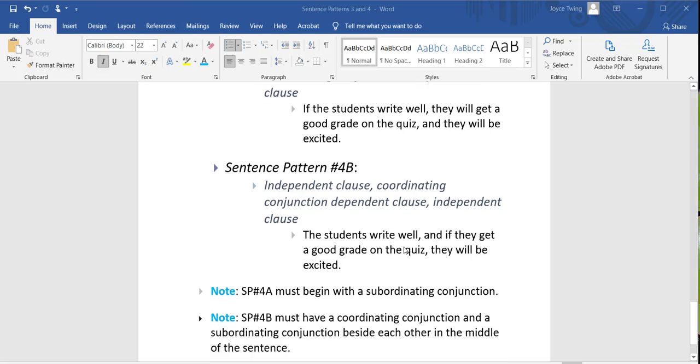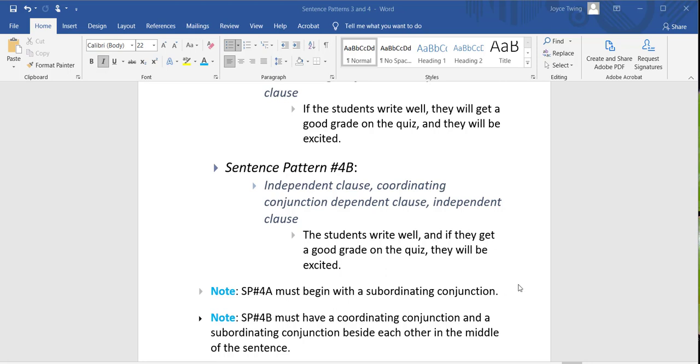People write this. This is not an uncommonly written sentence pattern. It's an uncommonly correctly punctuated sentence pattern. So: independent clause, comma, coordinating conjunction, FANBOYS conjunction, and then a dependent clause, comma, independent clause.